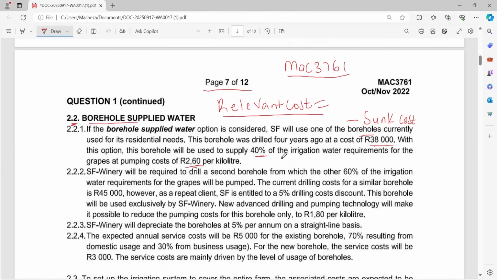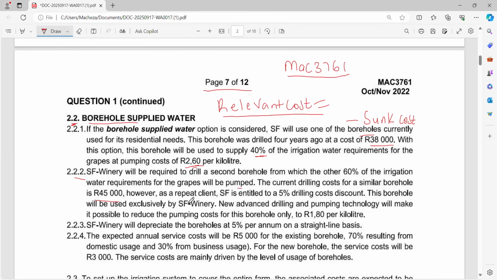So is there anything on 2.1 that we still need? We are done. We took the sunk cost and then we took this one, which means we are going to go to 2.2. They say SF will be required to drill a second bore from which the other 60% of the irrigation water requirement for the grapes will be pumped. The current drilling cost for a similar bore is 45,000.